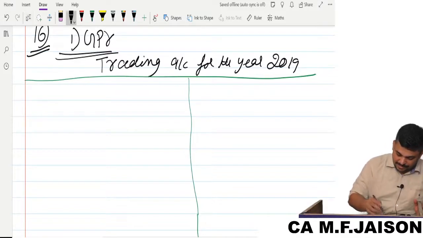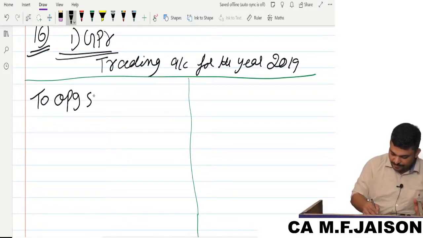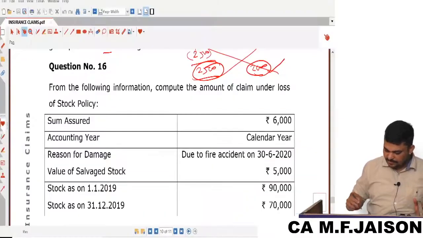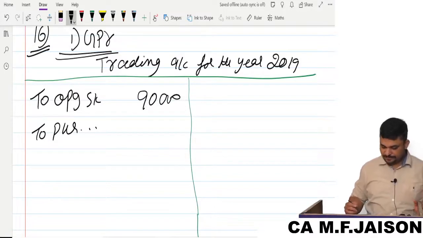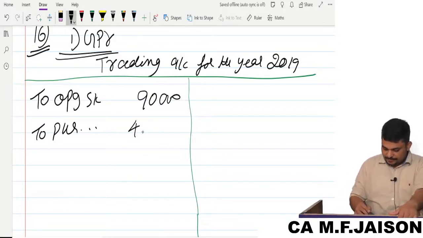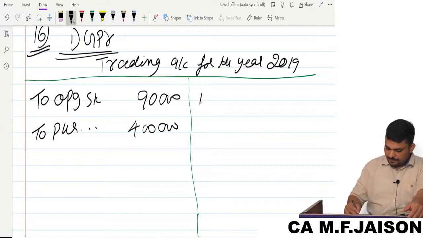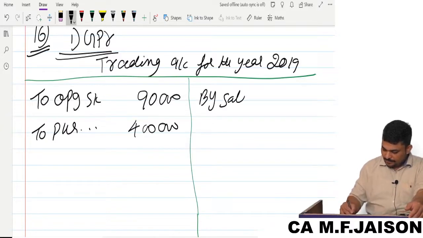We have 2019. The opening stock is 90,000. Purchases 4 lakhs. Sales 6 lakhs.